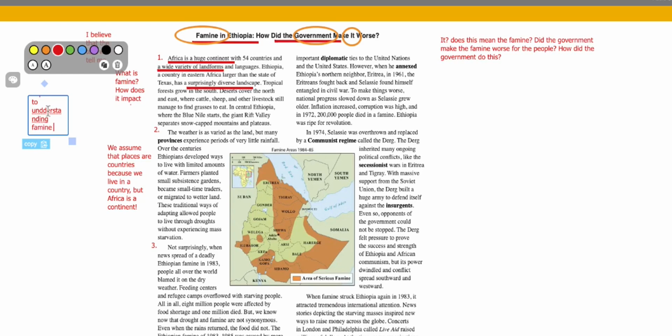Well, I'm assuming that because they say it twice, and usually when things are repeated, they're important and they're connected to the title in some way. So I'm not exactly sure how yet. So maybe I'll just put, how are landscapes and landforms important to understanding famine in Ethiopia.